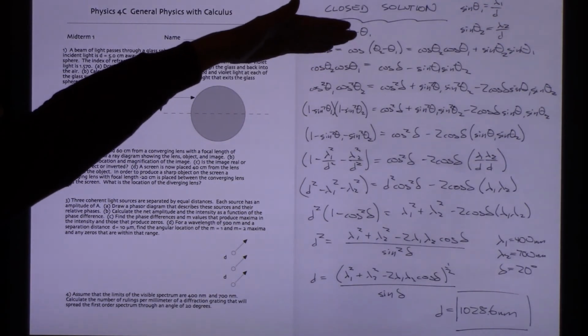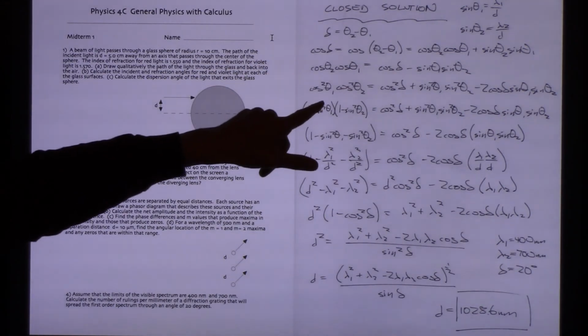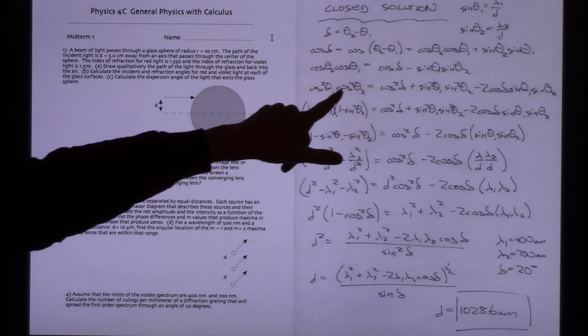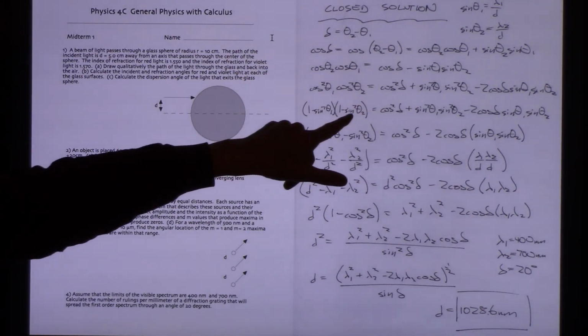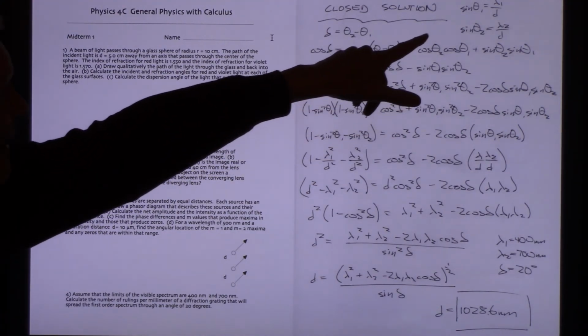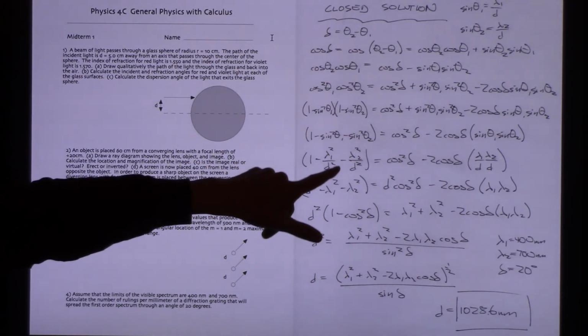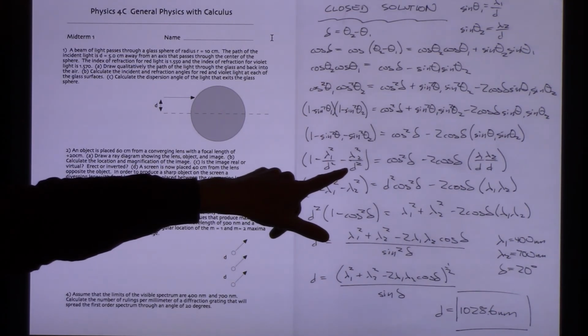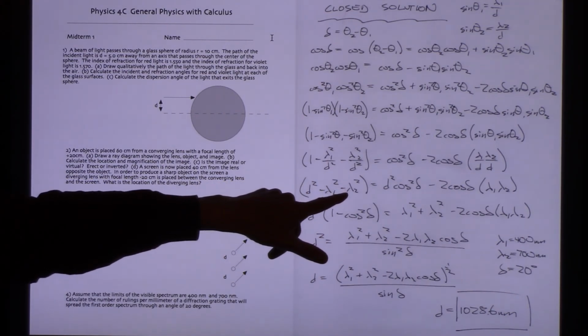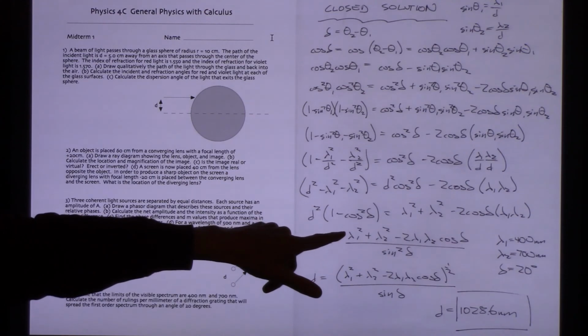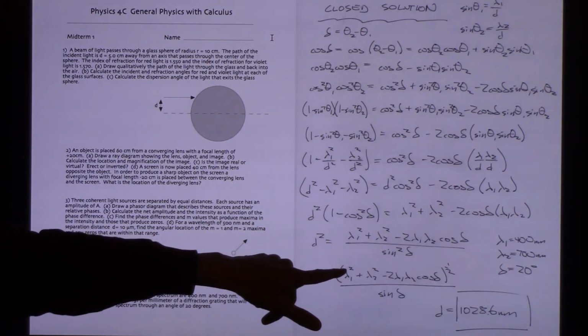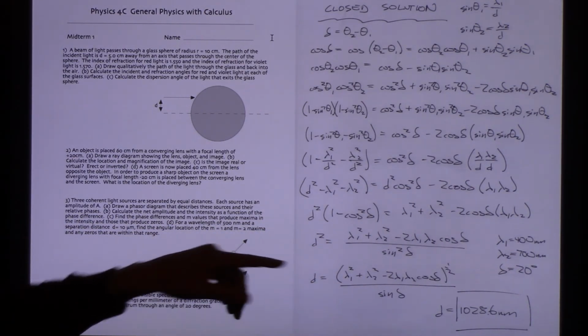And so I used the trig identities. I took out the cosines and replaced them with sines, because I know what the sines are, and then I switched those over into wavelengths. And it turned into kind of a mess, and then a few things canceled out. There was a lot of drama here, but I got to this formula.